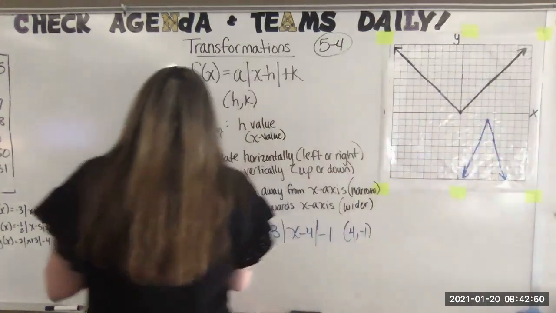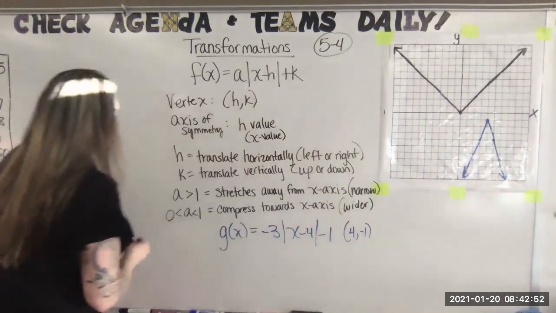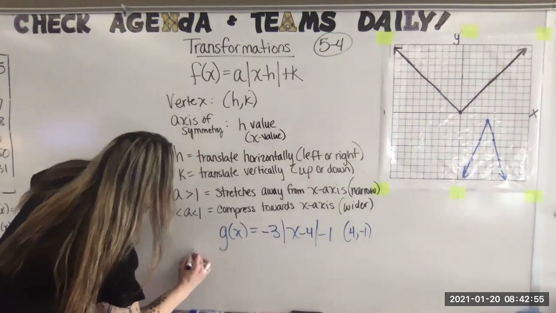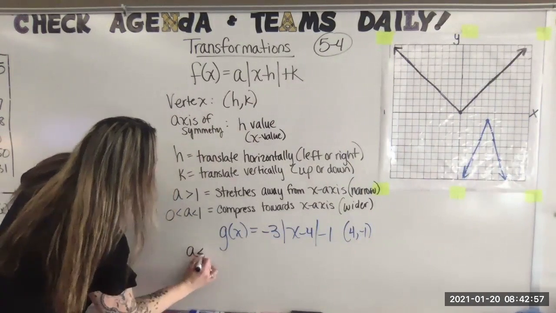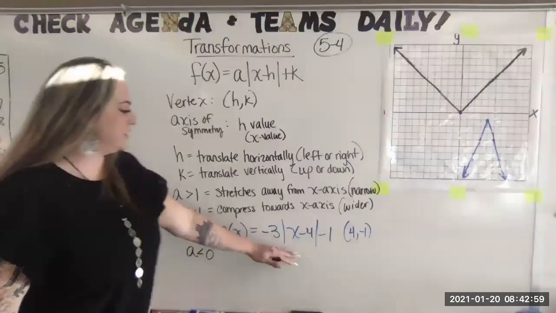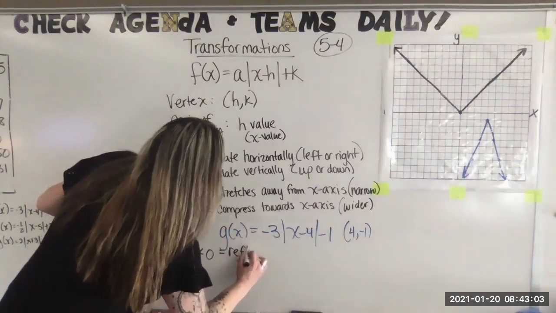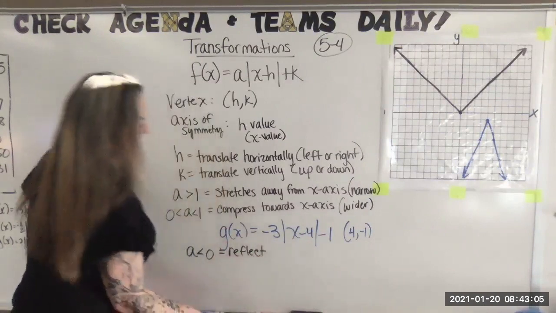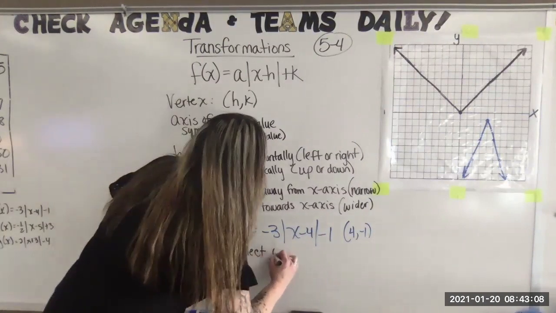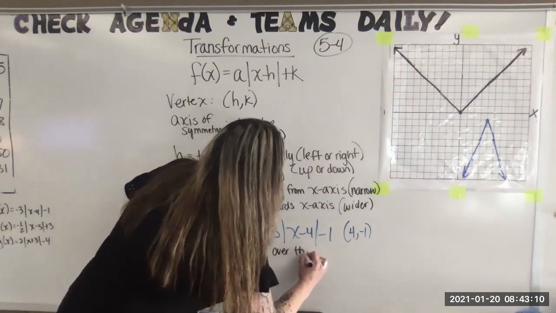So when a is less than 0, such as -3, it causes the graph to reflect over the x-axis.